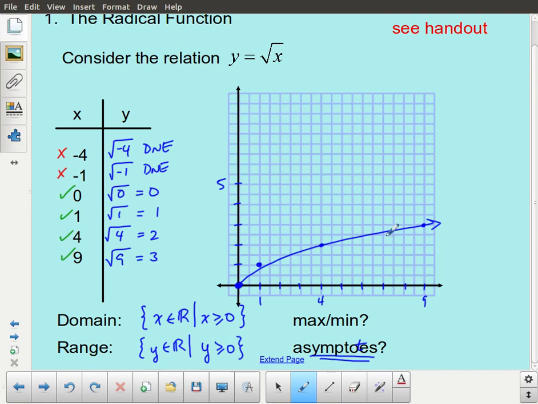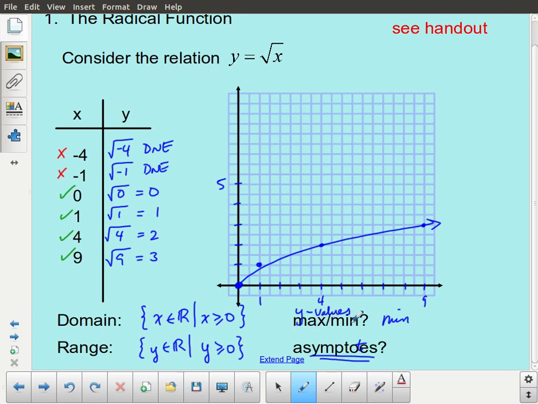Does this have a maximum or a minimum? It turns out that this has a minimum. It doesn't have a maximum because this part of the graph, the y values just keep going up and up and up. And that's something else to point out. When we talk about a max or a minimum, we're talking about y values.